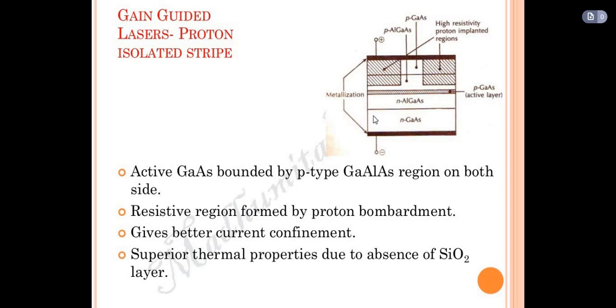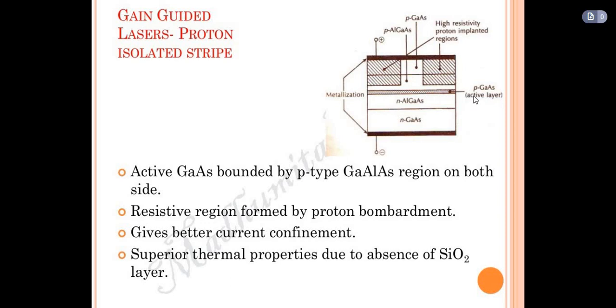One is the confinement now. Another layer for p type and n type. As you can see, n type aluminium gallium arsenide is there, and here is p type aluminium gallium arsenide. Here n type gallium arsenide is there, and here p type gallium arsenide is there. This is the high resistivity proton implanted region.